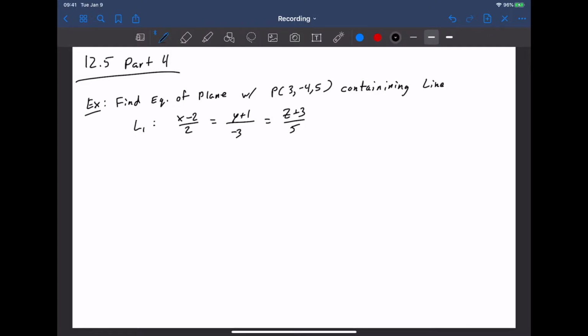Do you remember what this kind of equation of a line was called? This is a symmetric equation.